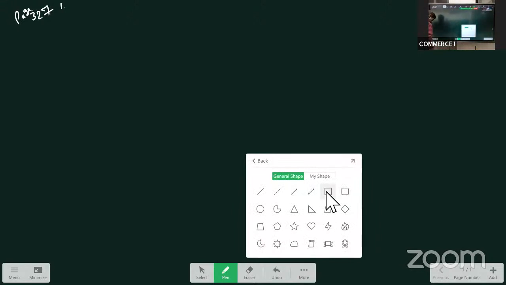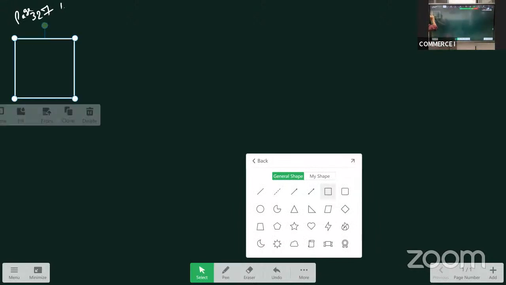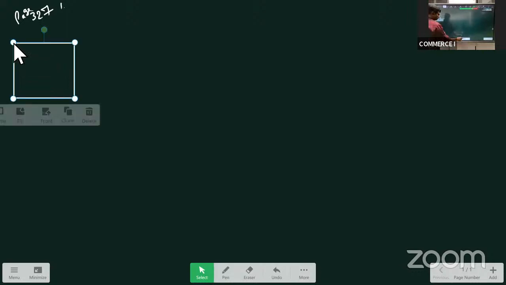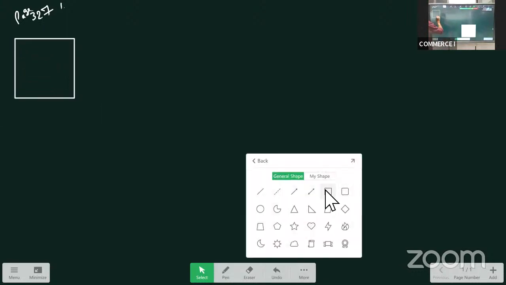So I am taking question number 1 of page number 327. Guys, we are doing question number 1 of page number 327 of your academy book. And what are we asked to prepare? We are asked to prepare trading account, P&L account and balance sheet. So let us get ready with the format. Yesterday I told you, first we will prepare trading and P&L account simultaneously, then we'll take up the balance sheet.